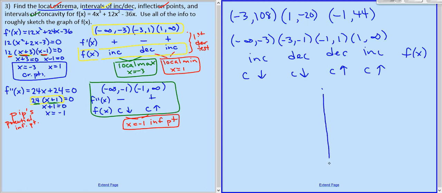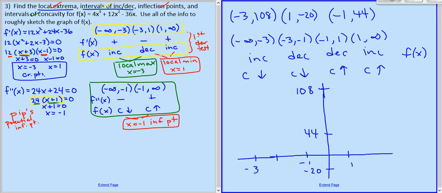Okay, here we go. Let's say this point up here is at a height of 108. Down here we're at a height of 44. Down here we're at a height of -20. I don't have the luxury of really making this perfect. We have x values that matter at 1, at -1, at -3.